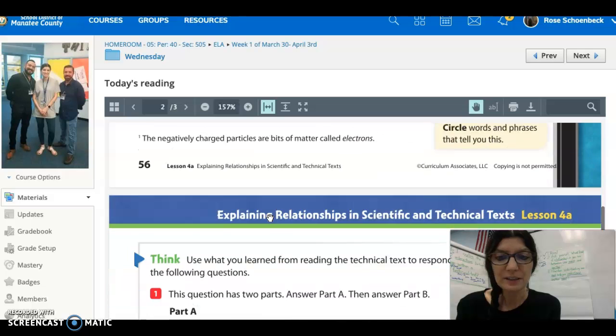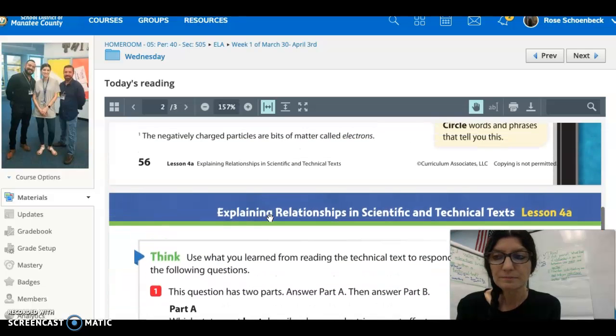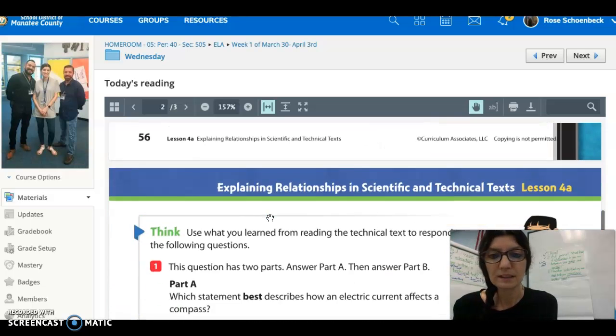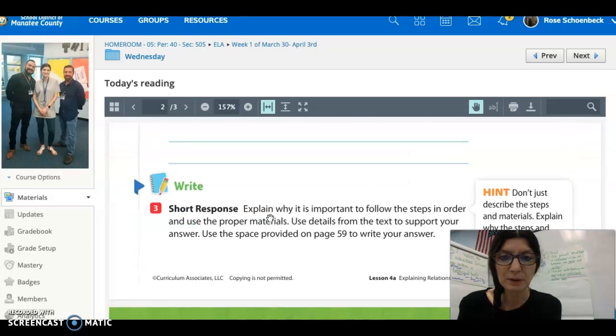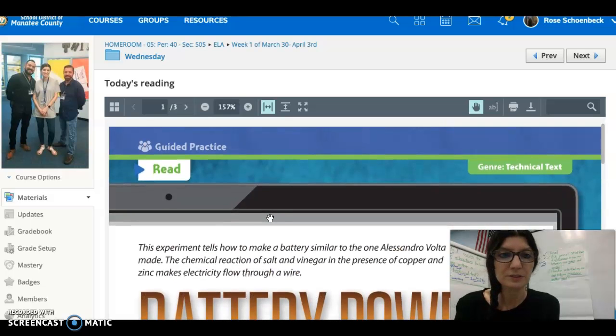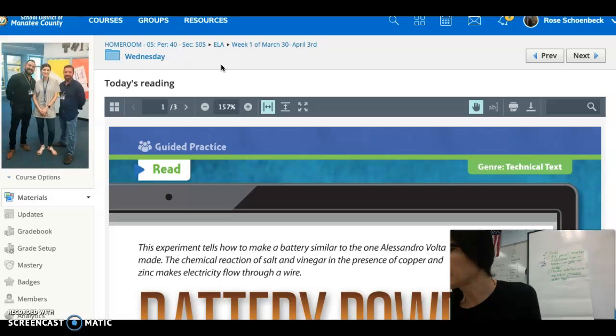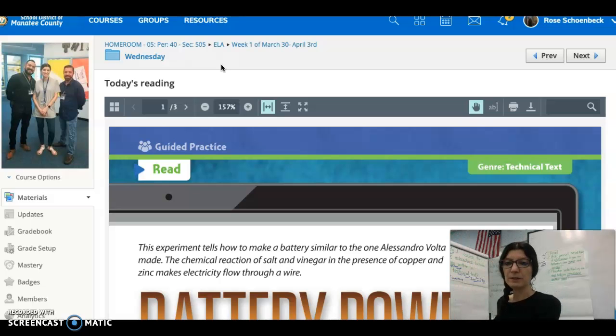All right, so on the next part is what you're going to be doing, and then that short response is going to be done too. So let's go back here and let me recap again. So remember that we're talking about relationships and interaction between the ideas or events within a scientific or technical text.